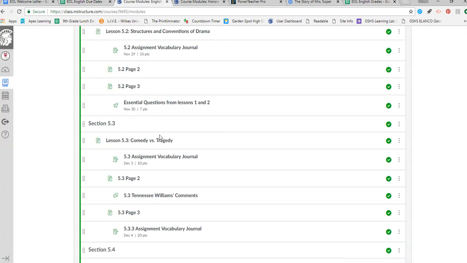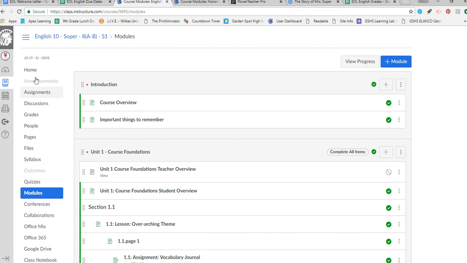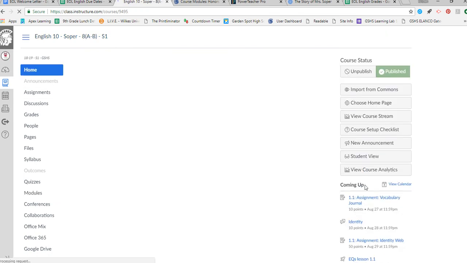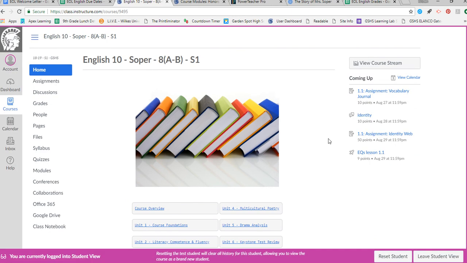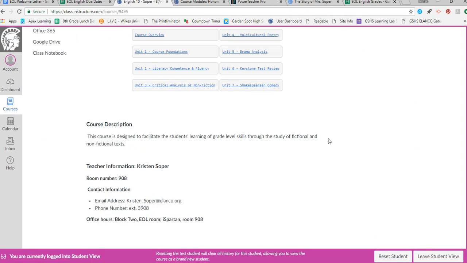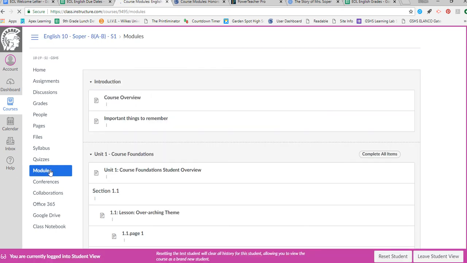So then looking at your course itself, let me pretend like I'm a student. When you first log on, it looks like this. It has links to units and some contact information. There will be a to-do list and coming up, but what I suggest you do is go right to modules and then pick up on the page where you left off.